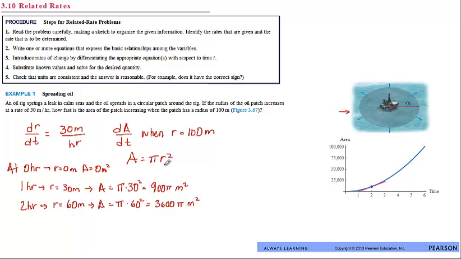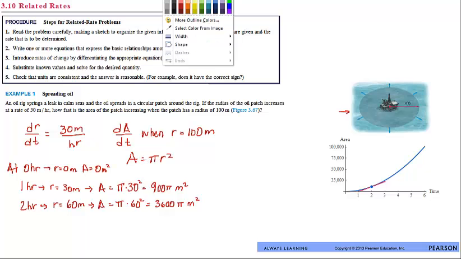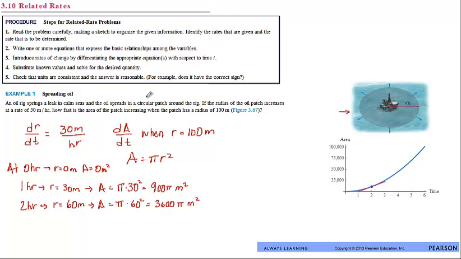Well, let's figure out how it's changing. Here's my formula. I betcha I could just take the derivative of both sides with respect to time, remembering your implicit differentiation. So I'm going to take the derivative of both sides with respect to time. So derivative of area with respect to time is pi is a constant, and really all you've got here that's any sort of function is just r squared.